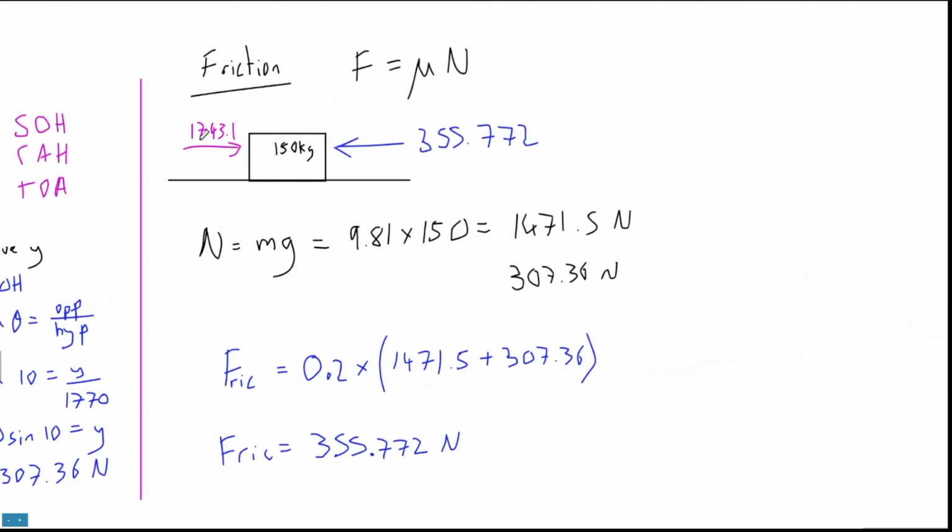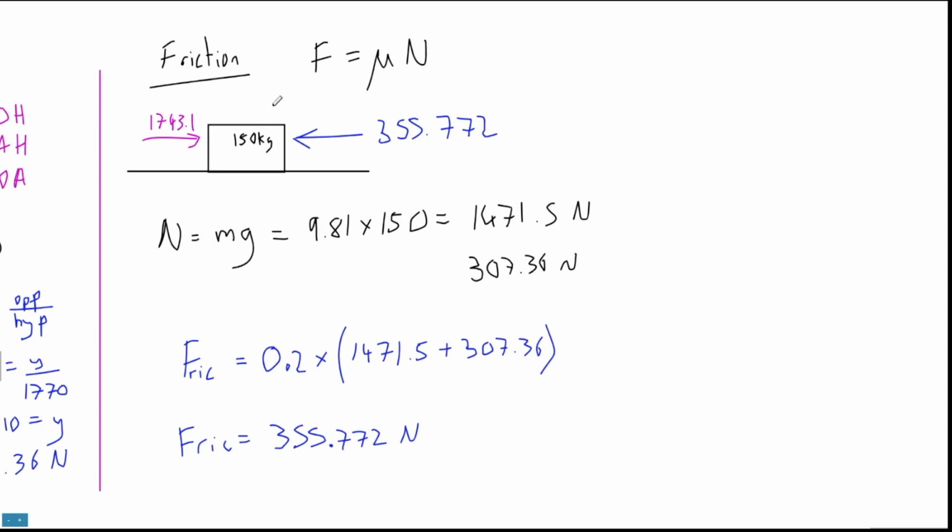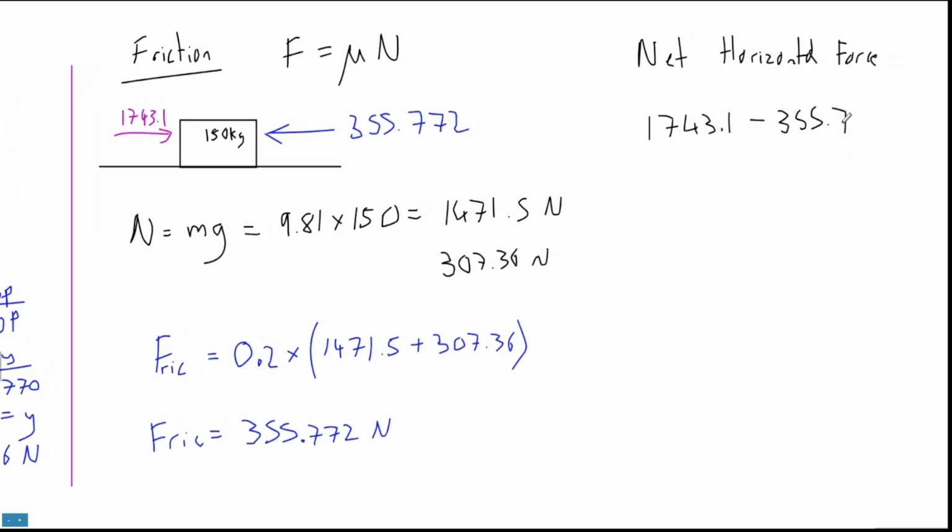We're pushing it or pulling it with 1,743 newtons, but then we're resisting. This is resisting. So we want to talk about the net force, like what's left over at the end. So let's talk about the net horizontal force, like the bit that's left over. It's just going to be that 1743.1 minus the 355.772.